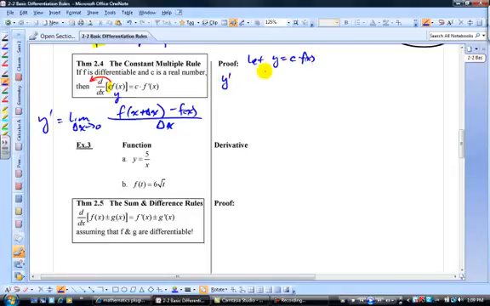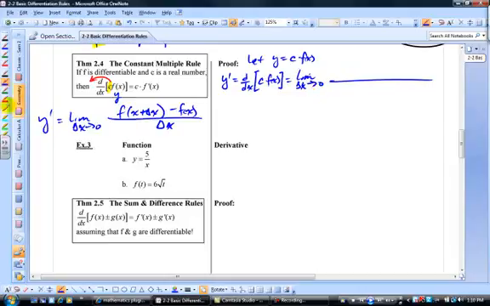So y prime in this case, or d dx, it doesn't really matter how you want to write it, the derivative of c times f is equal to the limit as delta x approaches 0 of the following.